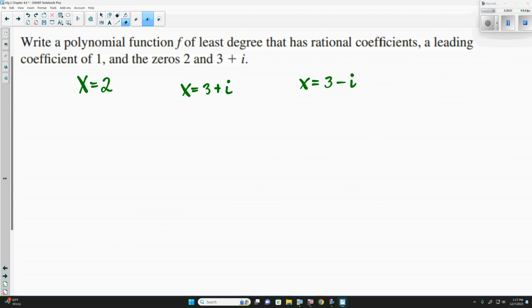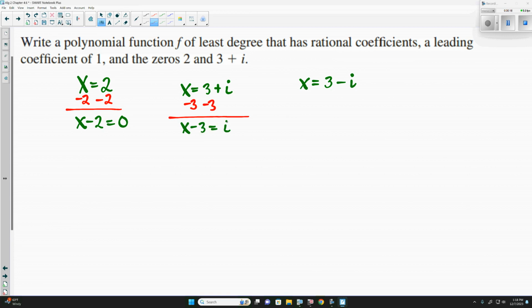Questions on how we set this up? Now at this point, we need to get each one of these equal to 0. So here we're going to subtract 2 from both sides: x minus 2 is 0. So we have the first one done. Next one, we subtract 3 from both sides, telling us x minus 3 is equal to i.